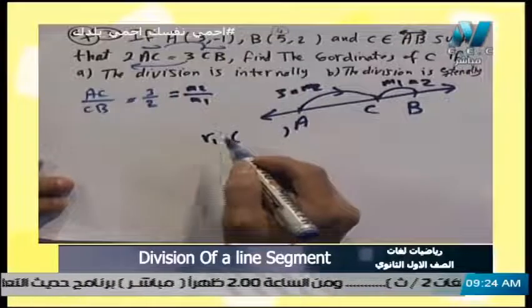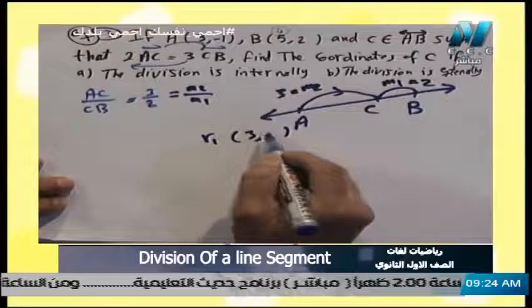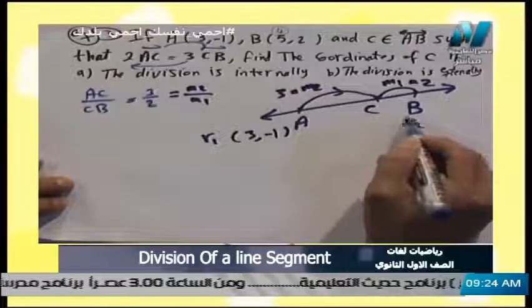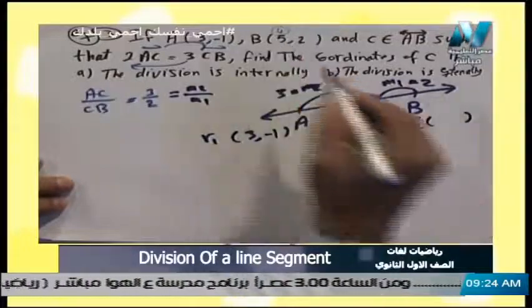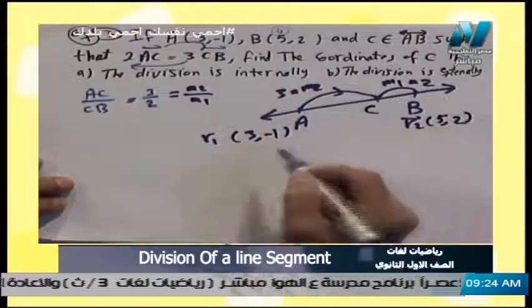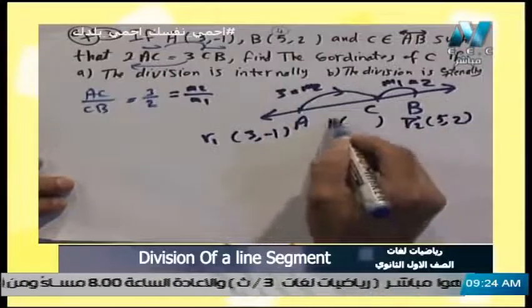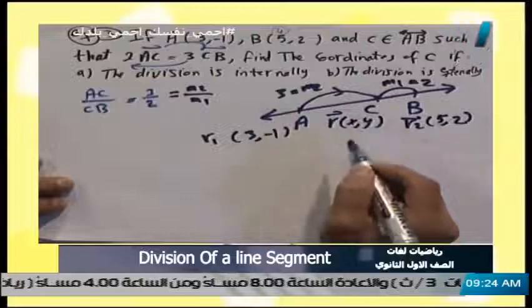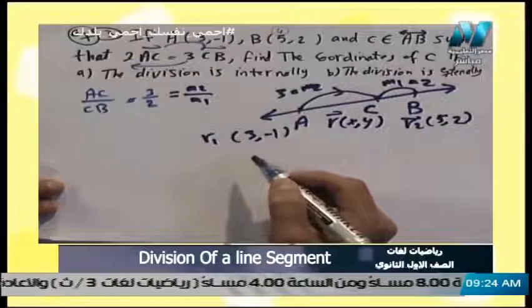R1 here equals 3 and negative 1, and R2, which is B, will be 5 and 2, and C will be R, which is X and Y, which we want to find.